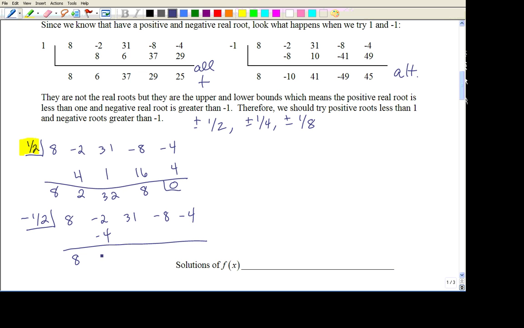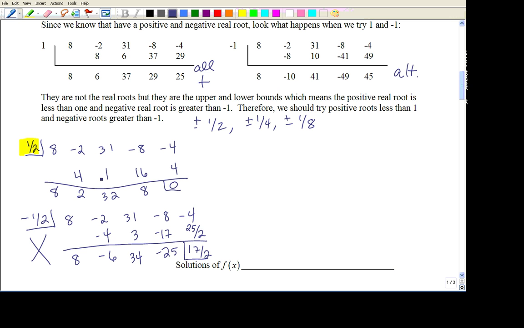We add and we get negative 6, times negative a half is 3, plus 31 is 34, times negative a half is negative 17, plus negative 8 is negative 25, and then that times negative a half is positive 25 over 2, and when you add that you get a number that definitely does not equal 0, which is 17 halves. So this one is not one of our roots.